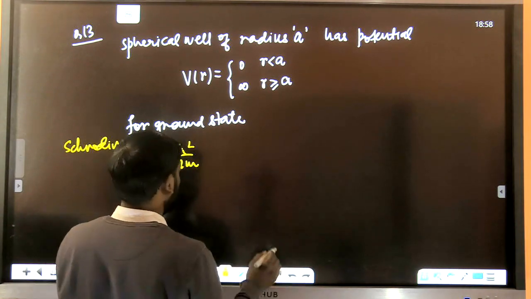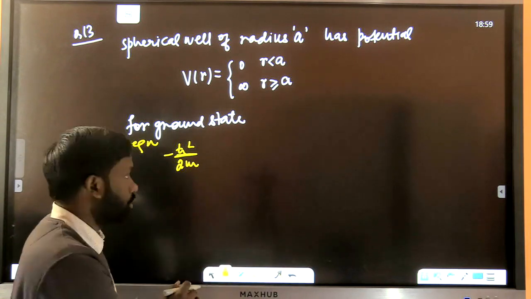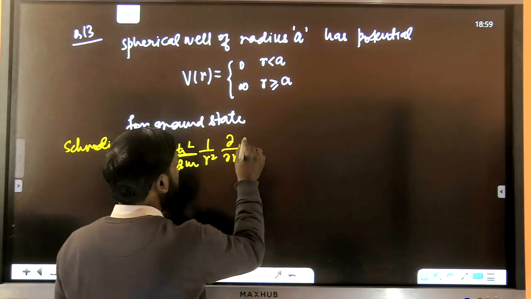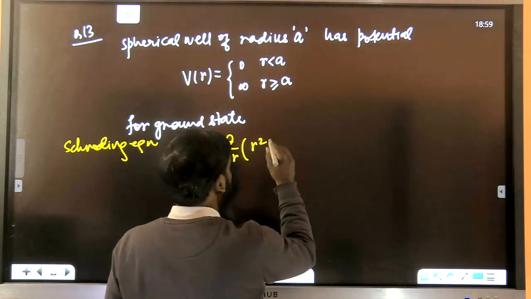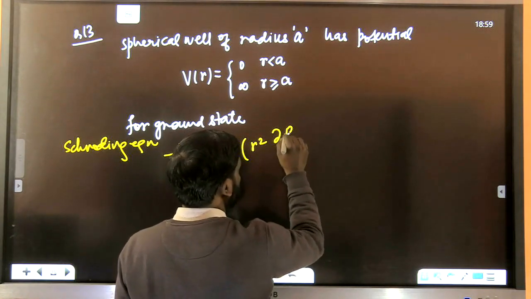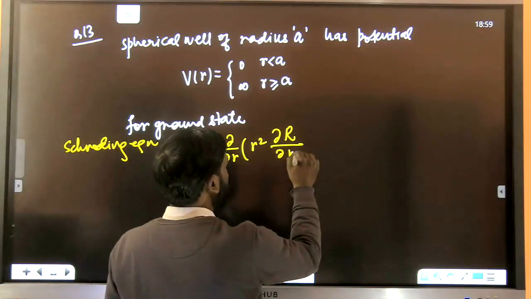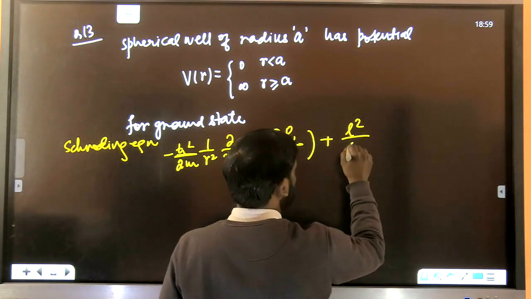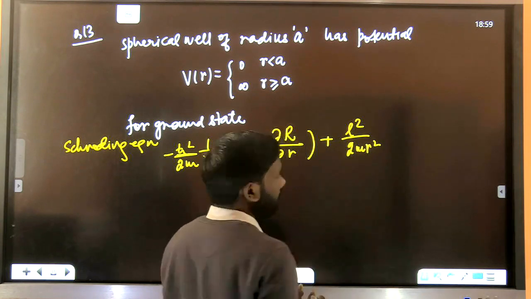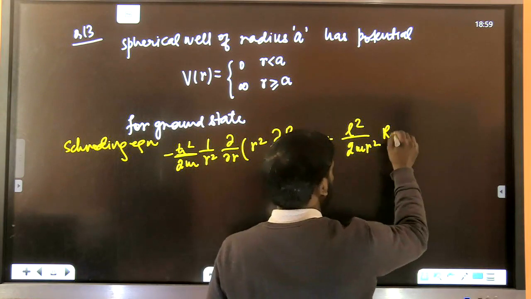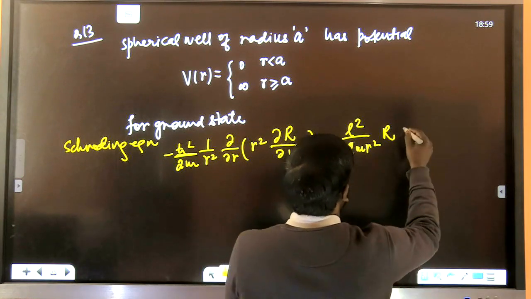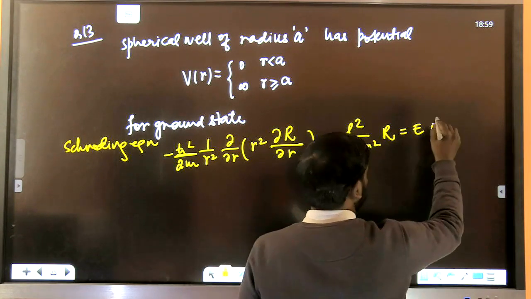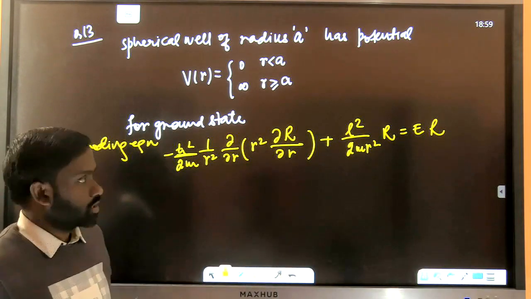If you simplify the del square operator, you get 1 by r square d by dr of r square d by dr, which is the radial part, plus L square upon 2m r square, where L is angular momentum, acting on R, and this is equal to E times R. So this is the Schrodinger equation actually.